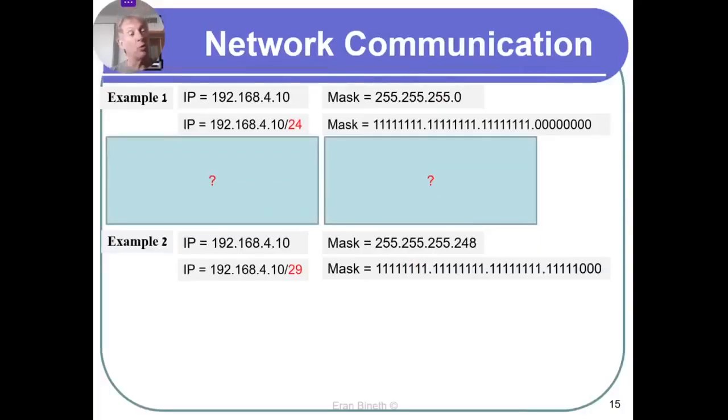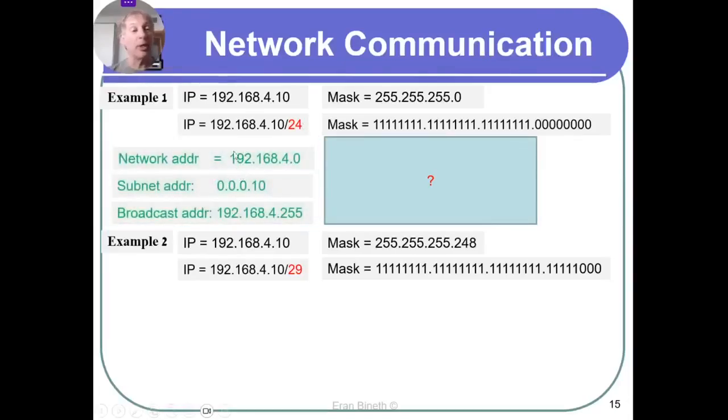Let's do 2 small examples. The first one is an 8-bit boundary example of /24. What is the network ID, the host, and the broadcast address? The answer is that if we're using that IP with /24, the left octets that are shared are 192.168.4.0, and the host, which is stated on that local area network, is 10.